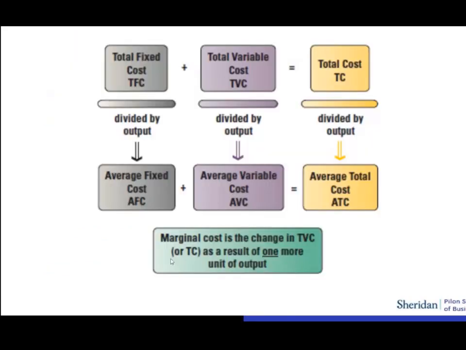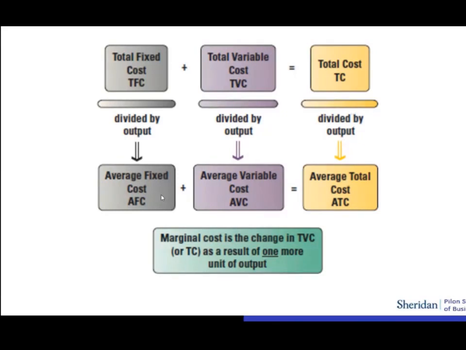So here is a good summary of all of the costs. We have total fixed cost, total variable cost, and total cost. If we take these and divide them by output, the first one, total fixed cost divided by Q, gives average fixed cost, AFC. Total variable cost divided by the quantity gives average variable cost. And total cost divided by Q gives average total cost.